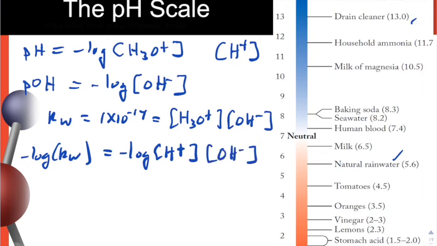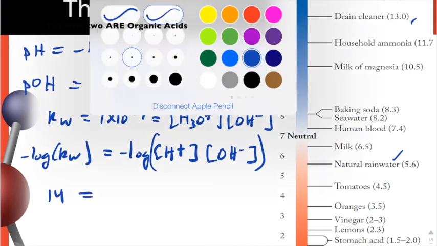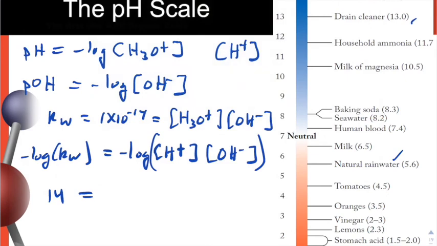And that negative log is times the whole thing, obviously. Well, the negative log of Kw, the negative log of 10 to the minus 14, is just 14. That's equal to the negative log of hydronium ion. We just define this right up here as the pH.